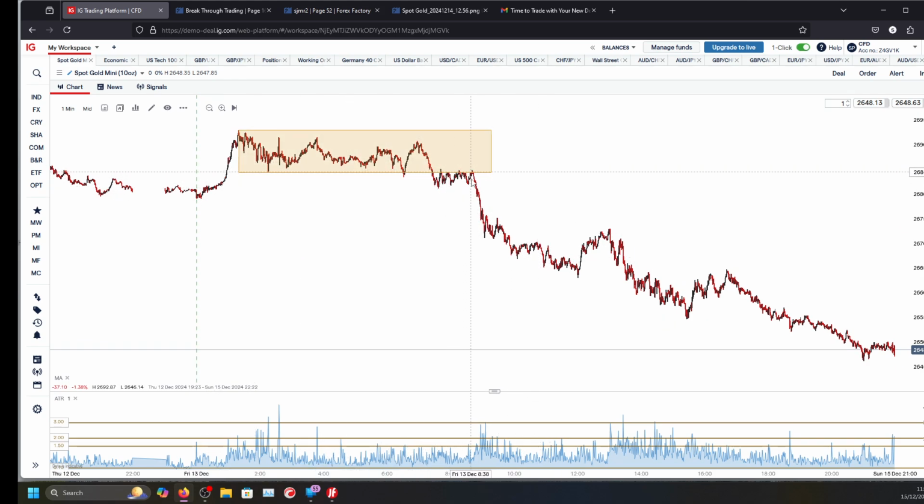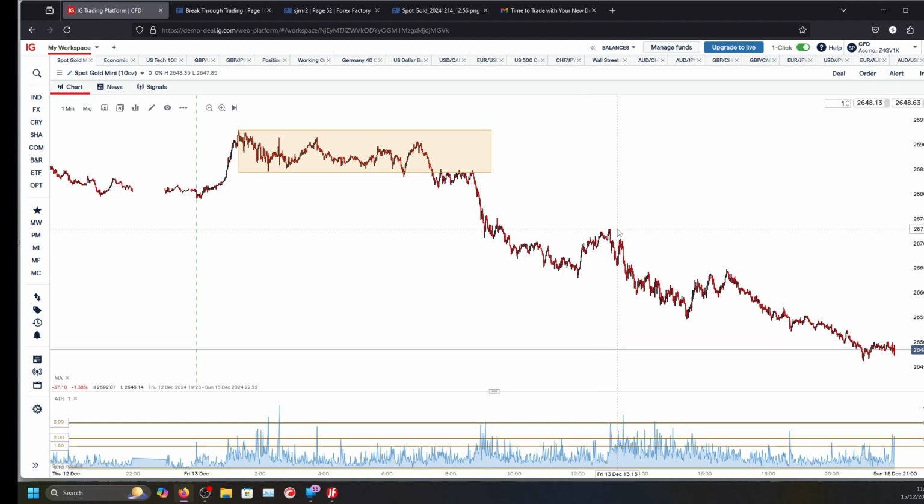Coming out of here, would you rather be going short or going long once price is under here and rejecting off of these lows? When price is coming down here, would you rather be looking to go long or short? Once price is coming up here and rejecting these levels, would you rather go long or short?